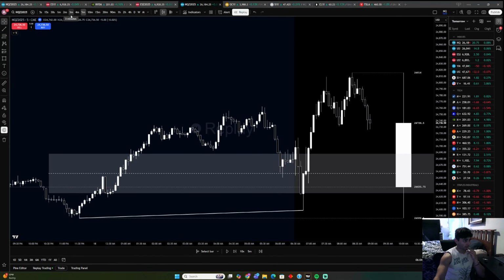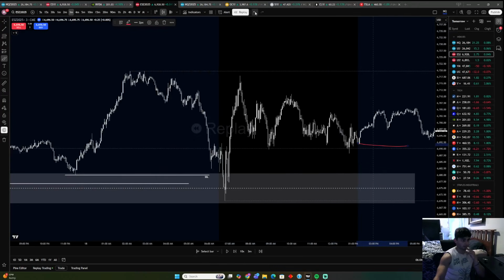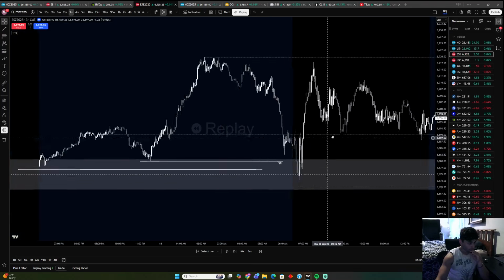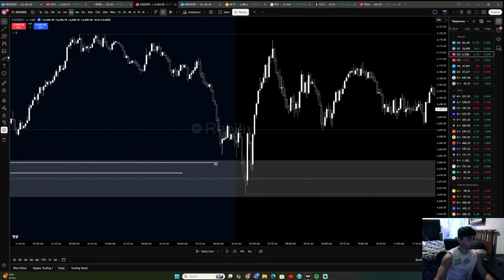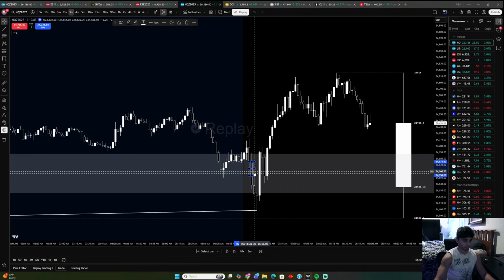We can hop in on a 3-minute chart here and see what this looks like. Beautiful. On the 3-minute chart, we do have this fair value gap here that gets inversed on ES, and on NQ, we see the same thing.